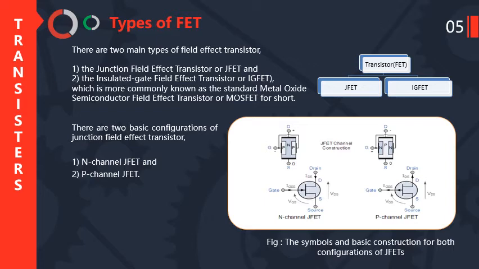First one is a basic construction diagram of N-channel JFET and second one is the basic construction diagram of P-channel JFET. And the symbolic representation of both types of junction field effect transistor is shown in a diagram.